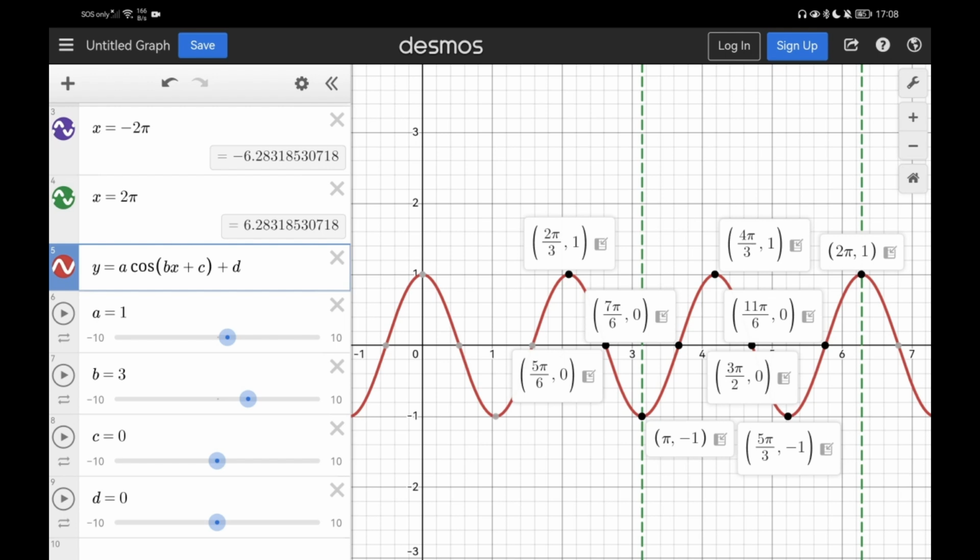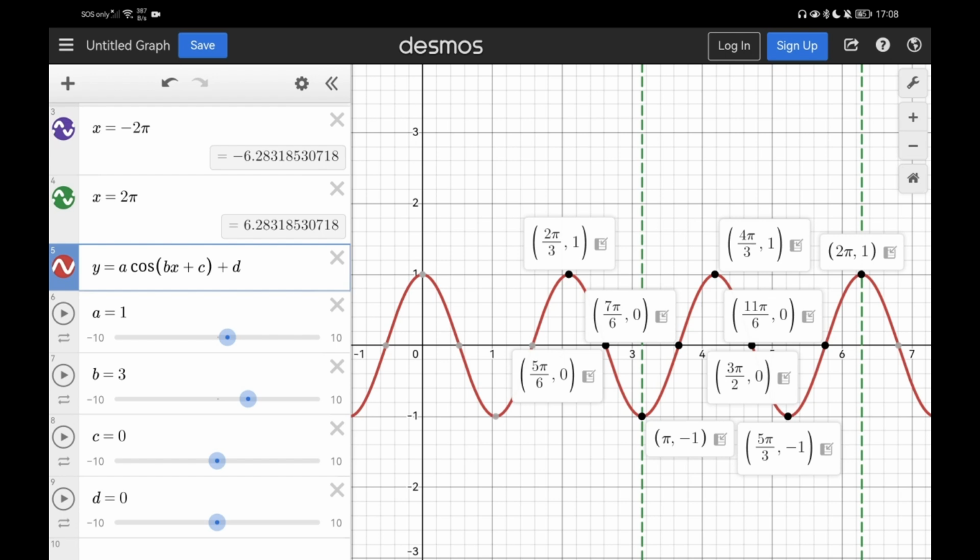So it is the stretch parallel to the x-axis, or in the x direction, with the scale factor of 3 for the cosine function, which means that it requires 3 cycles to walk until 2 pi in the x coordinate. That's the end of the visualization of the transformation for cosine graphs.